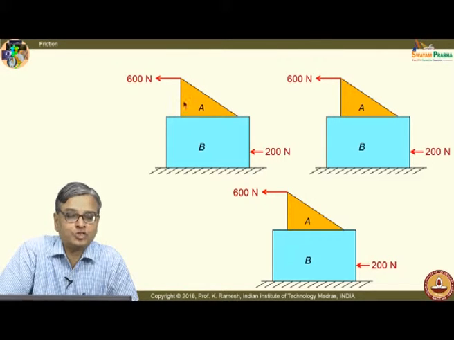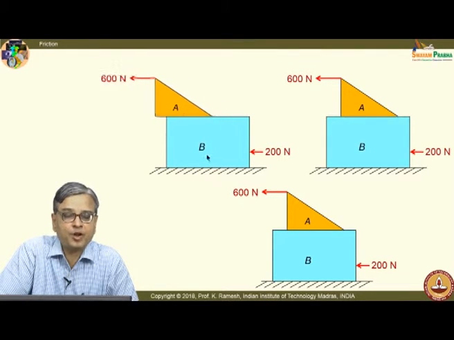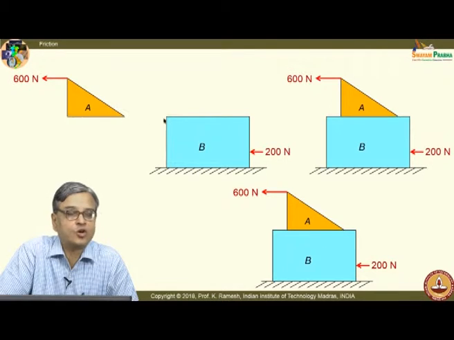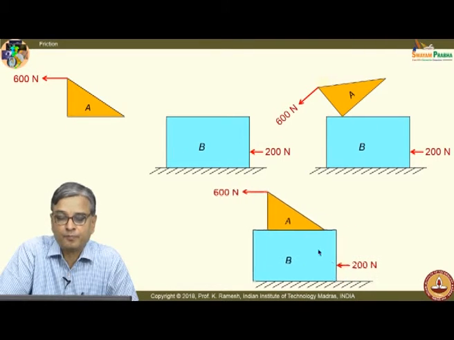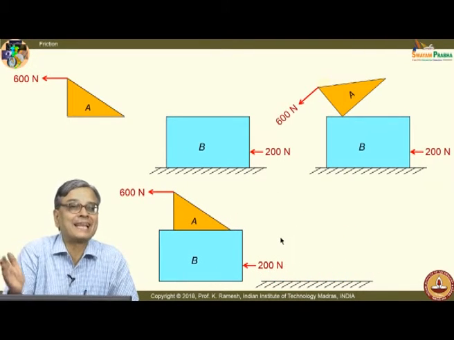I can have one situation wherein when I apply the force 600 newton, only the block A slides on block B. This is one possibility. The other possibility is, when I apply a force 600 newtons, the block A tips. This is another possibility. The third possibility is, both these blocks slide together.